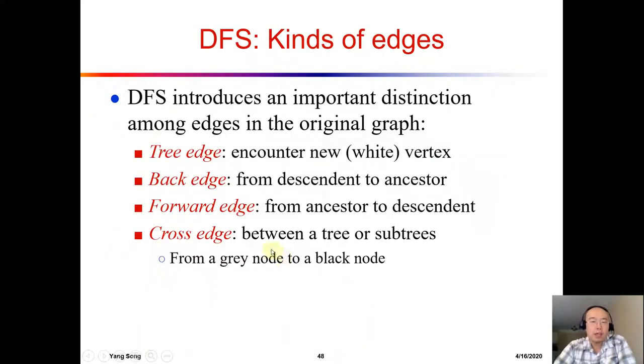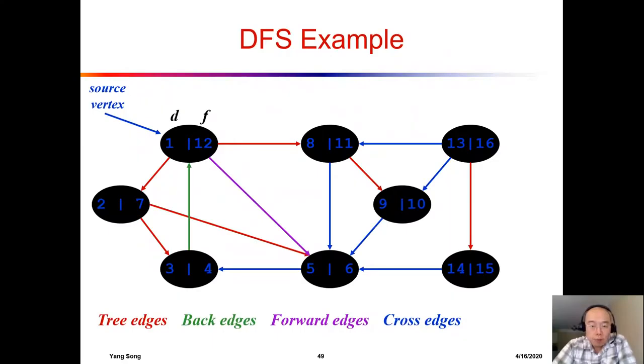Cross edges are the edges between a tree and another tree, or a subtree and another subtree, or a tree and a subtree of another tree. Okay, so those are all the possible cross edges. Let me give you a few examples.